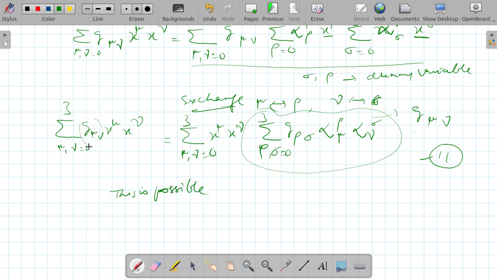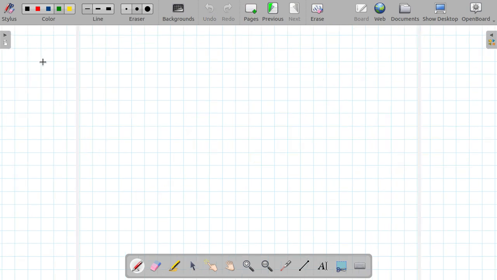If this part is equal to this one, then g mu nu must be equal to the summation over rho sigma from 0 to 3 of g rho sigma alpha rho mu alpha sigma nu, right?